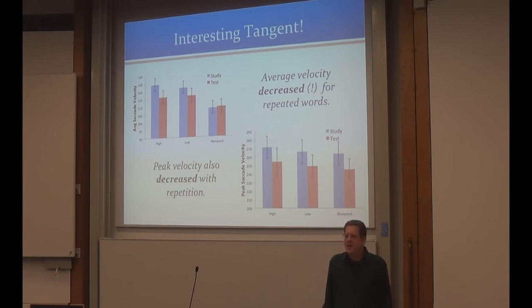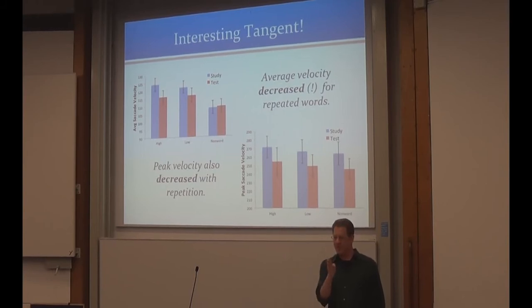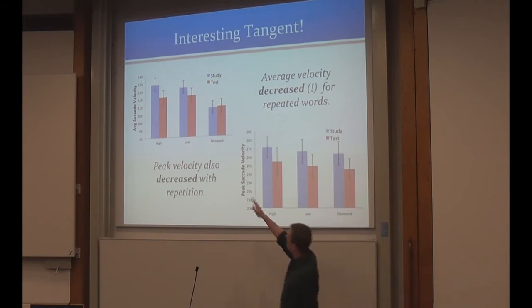One of the things that we looked at, because Mike Hout is just sort of a data slut and likes playing with spreadsheets, we looked at the velocity, like how rapidly the eyes move across the screen when you take off and then you land, how fast do you go? And one of the things that we found, and it's really kind of strange, is that velocity is higher for words than for non-words, which maybe doesn't surprise you.